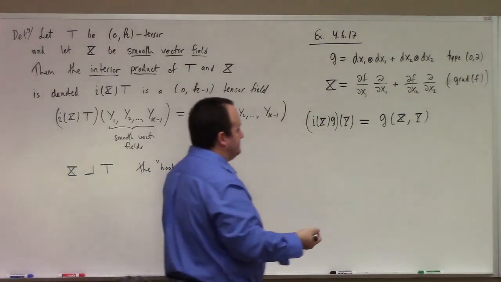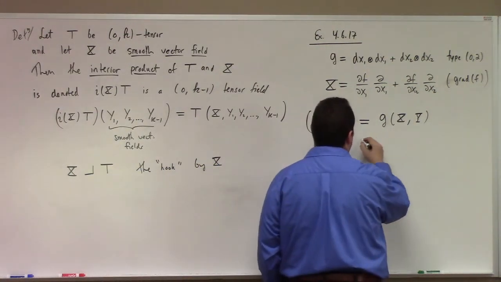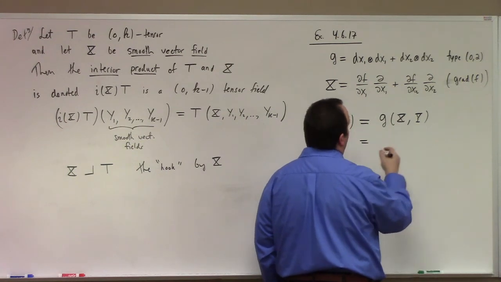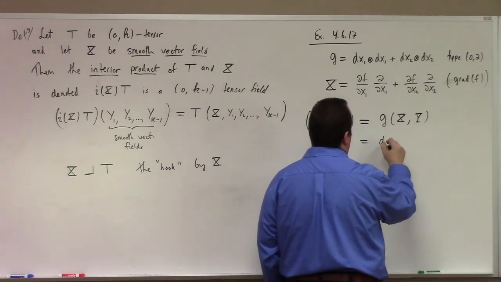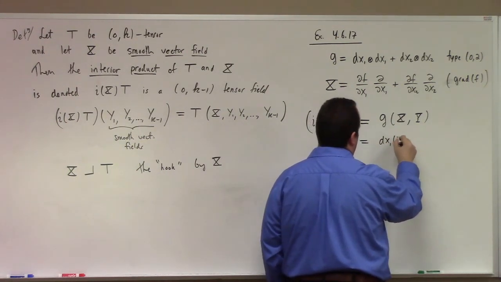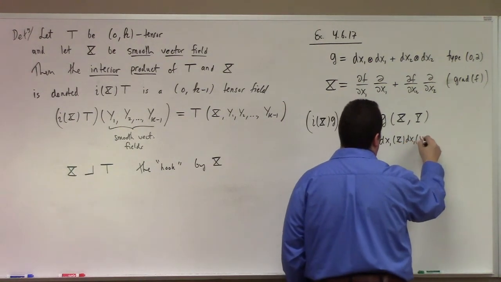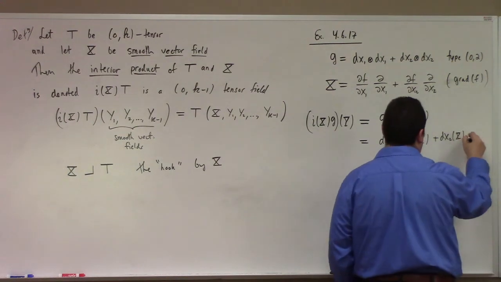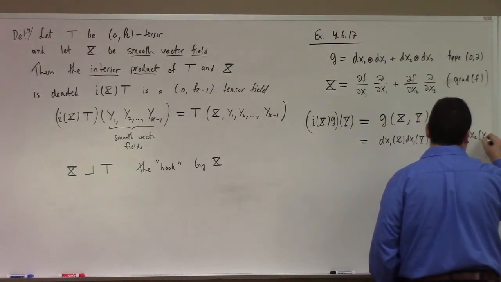But what is that? That's dx1 of X, dx1 of Y, plus dx2 of X, dx2 of Y, right?